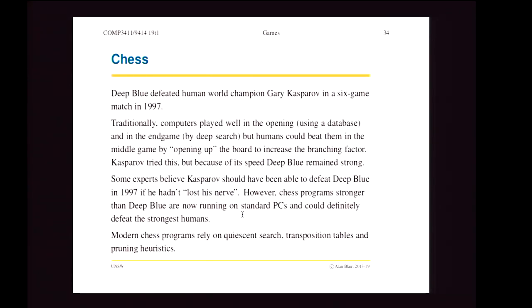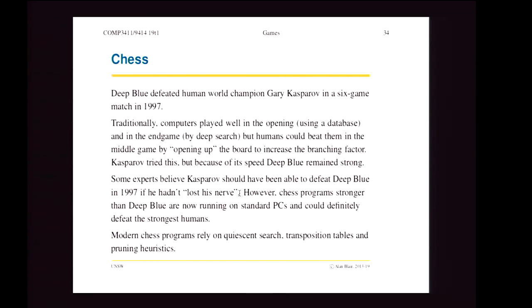Some people say that it should have been closer, or that Kasparov got freaked. This is where we get back to the tic-tac-toe. You can go back into history. In the 1970s, chess programs played against Korchnoi, and then against Karpov, and then against Kasparov.